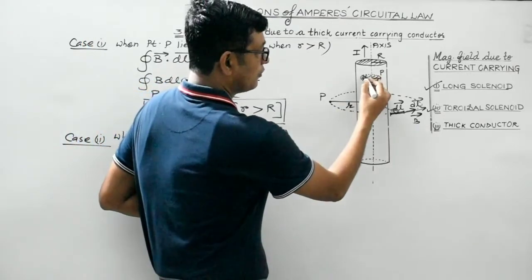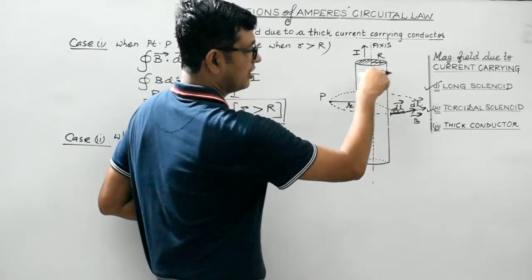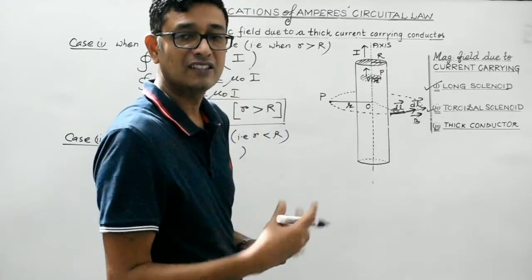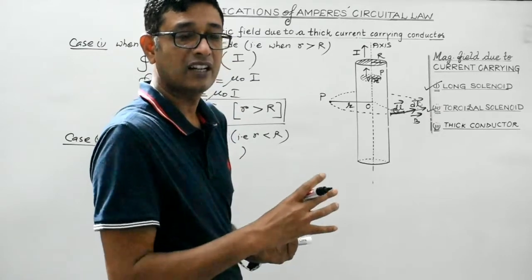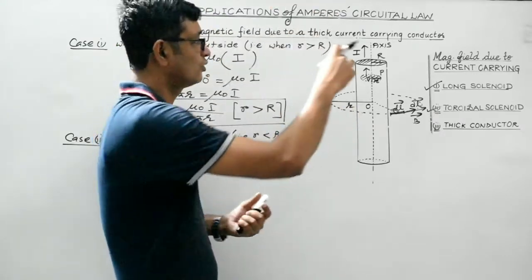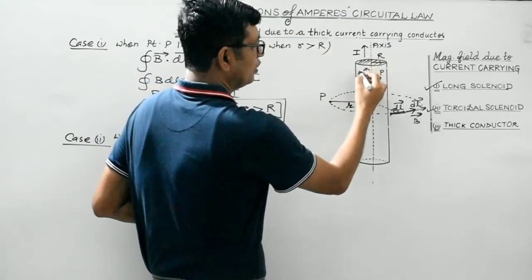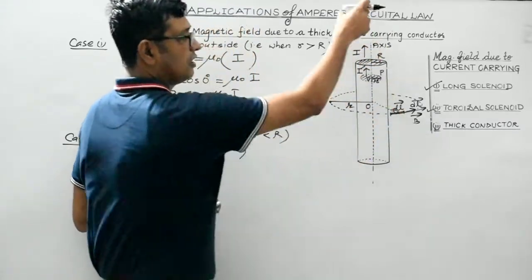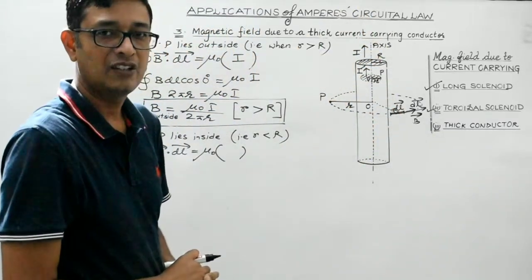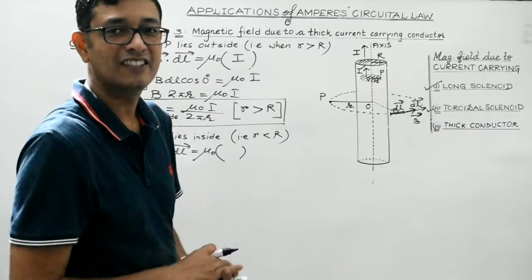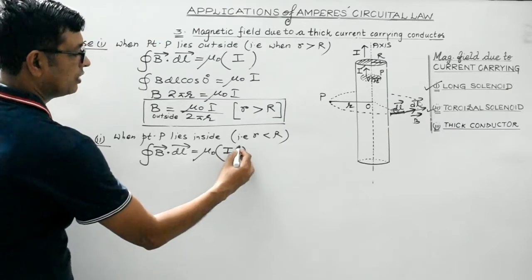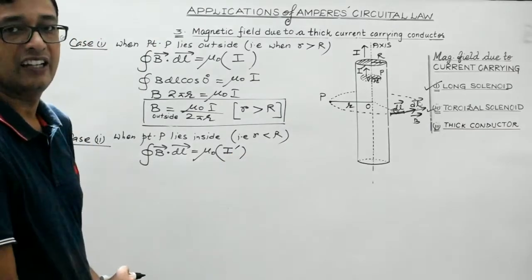So, through this cross-section area, the current would be somewhat less as compared to the case when the current flows throughout the cross-section area of the conductor. So, here suppose the current flowing through this cross-sectional area is I dash. Obviously, I dash would be less than I, isn't it? So, here the current threading through the imaginary loop under consideration is I dash.